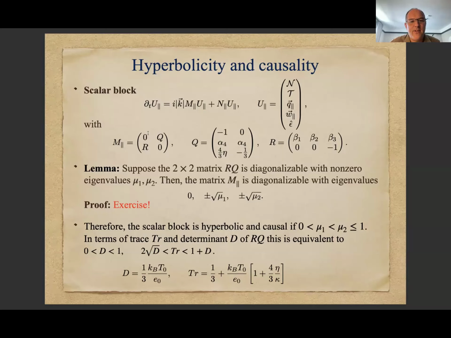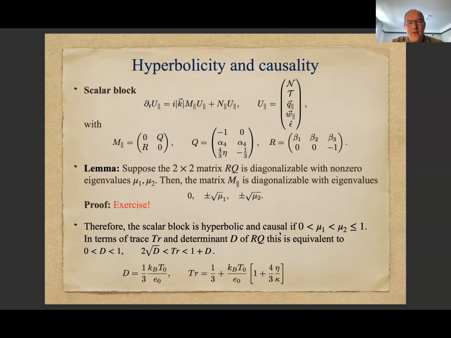Then M is diagonalizable and its eigenvalues are 0, plus or minus square root of mu1, and plus or minus square root of mu2. This is very useful, because you reduce the problem of computing the eigenvalues of a 5 by 5 matrix to a 2 by 2 matrix, which is easy.